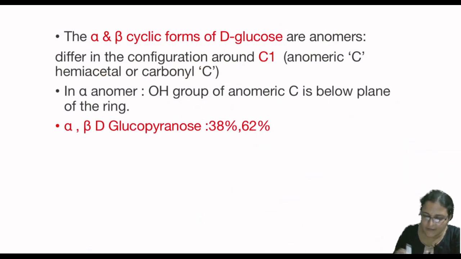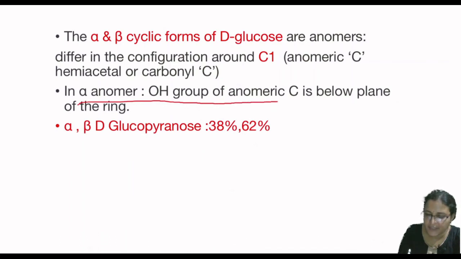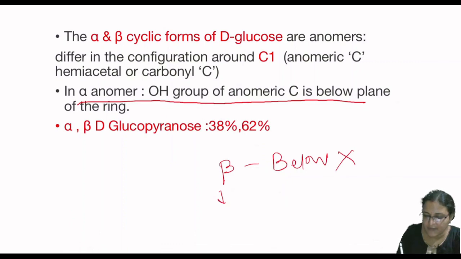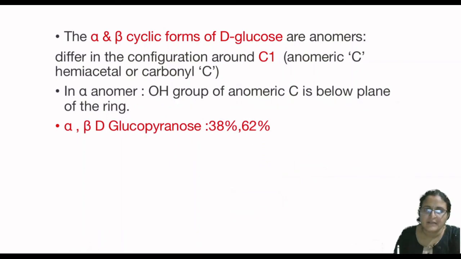See, I have written this in the alpha anomer, the hydroxyl group of the anomeric carbon is below the plane of the ring. How can you memorize? The beta would have been below, B for below, but the reverse occurs here. In beta form, the hydroxyl group is above the plane of the ring, and this beta form is more prevalent, that is, 62% of glucose is in the glucopyranose form, the beta-D-glucopyranose form.